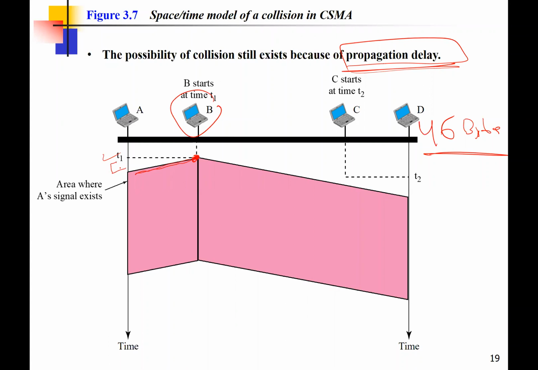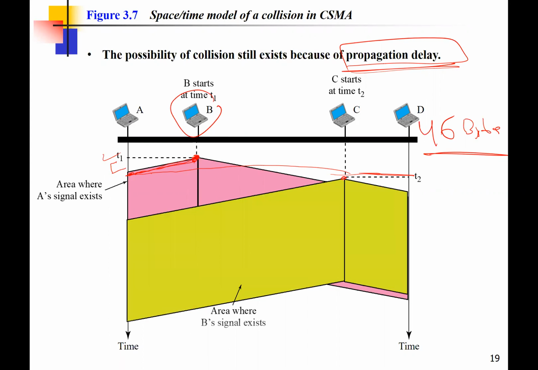There is a propagation delay. It's going to take time until A starts receiving the data. Now, at the same time, at D2, C sees that the media is free. So now C will think, I can send. What will C do? It will send the data.